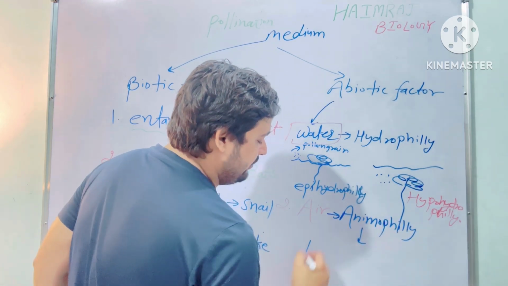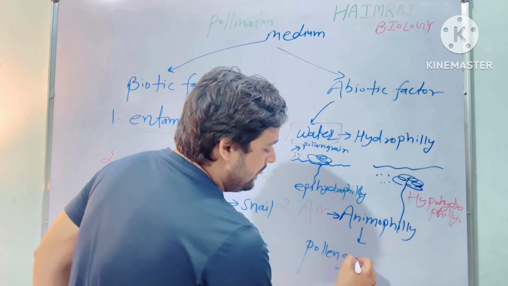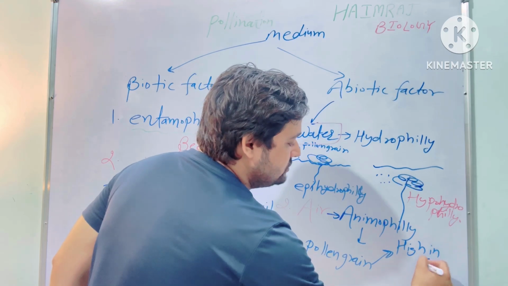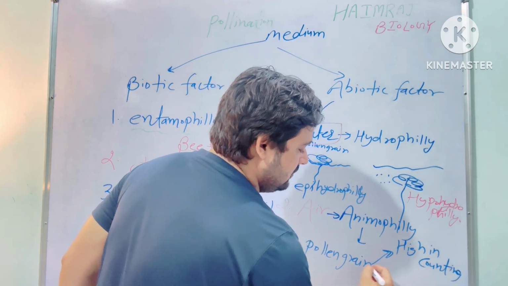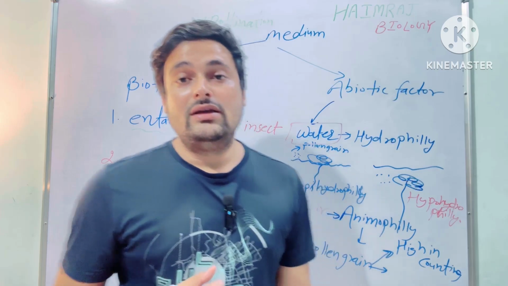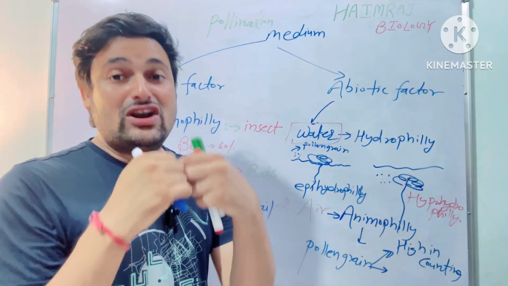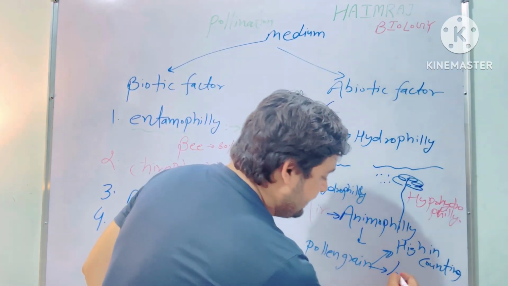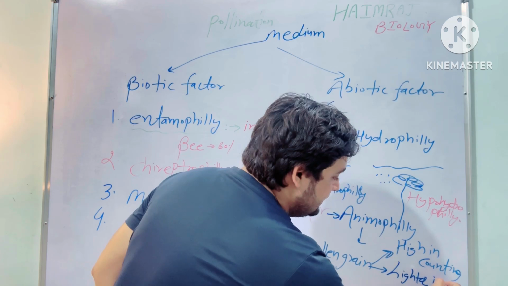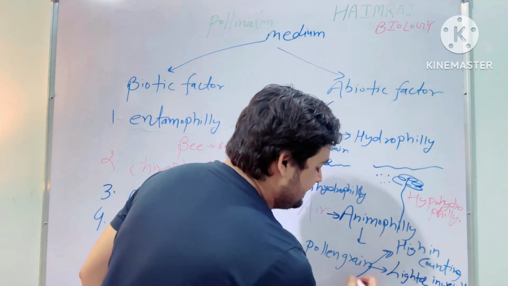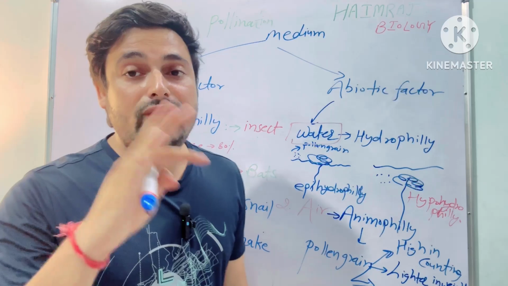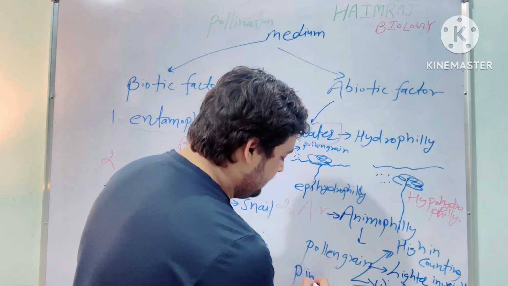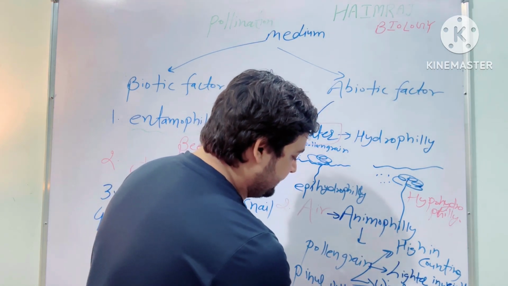In this portion, pollen grain should be high in count and lighter in weight, because we have to transfer them with the help of air. Third, the flower can be unattractive, but the pollen grain should have wings, like spinous pollen grain. An example is spinous pollen grain.